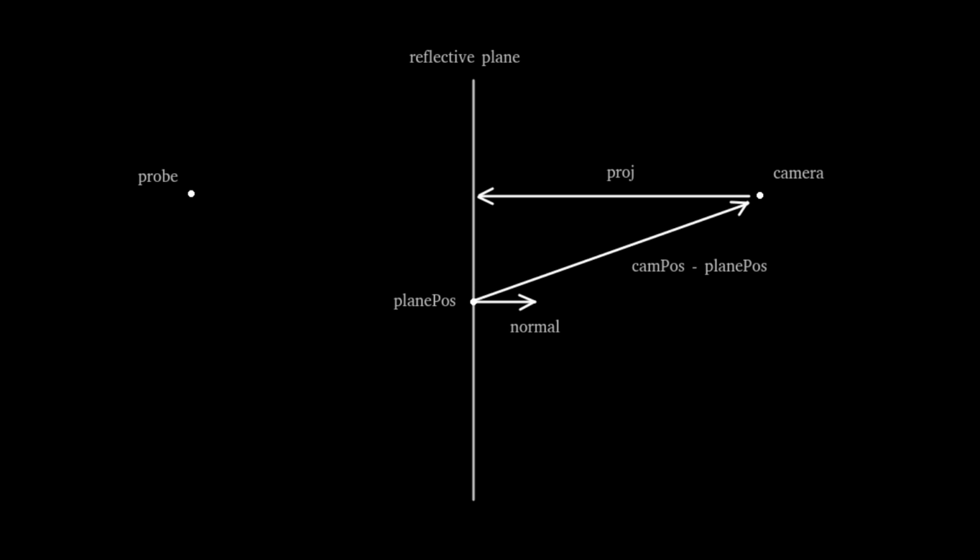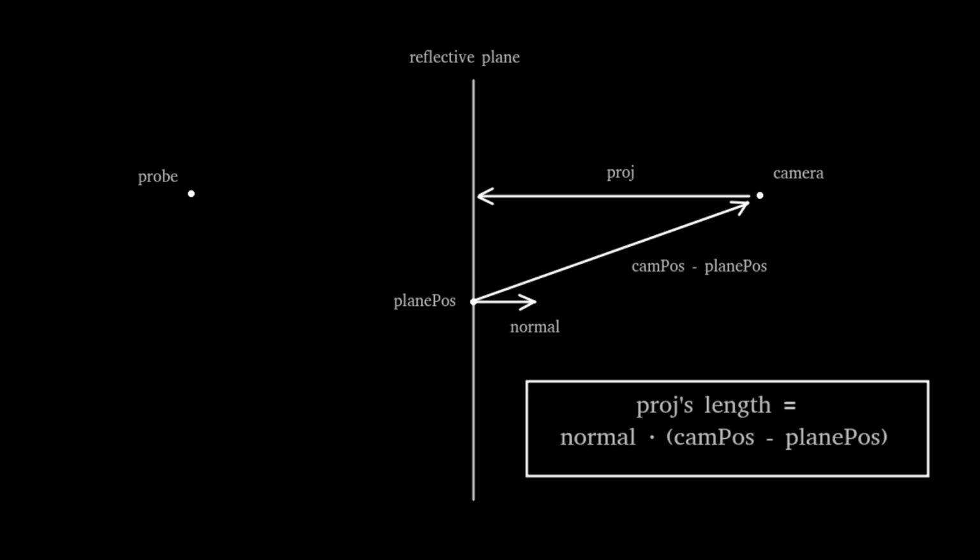Well, let's take a look at this vector here first. Let's see if it rings a bell to you. Yeah, this vector should be equal to the camera position minus the plane position. And looking at this figure here, we can see that this is a right triangle, which means that the projection should be equal to the camera position minus the plane position times the cosine of the angle between this vector here and the normal vector, correct?